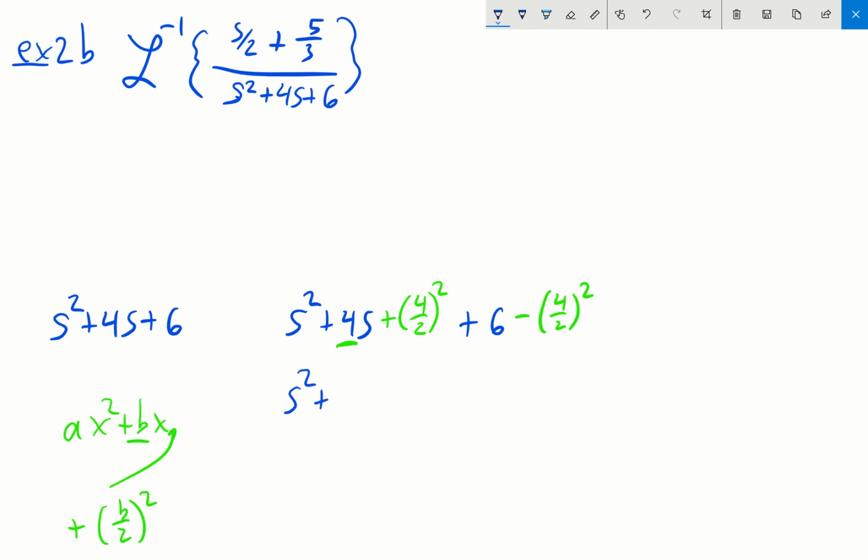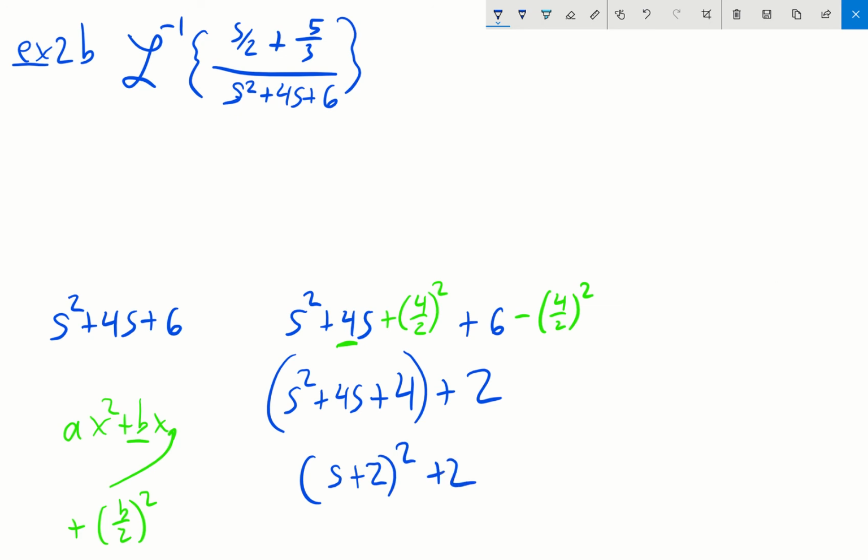This gives us s squared plus 4s plus 4, since 4 divided by 2 is 2, and 2 squared is 4. And then we have plus, over here, 6 minus 4, which gives us 2. The reason we do that is that when we group these two things together, this now creates a perfect square: s plus 2 squared plus 2.